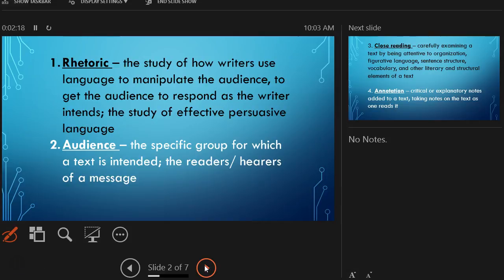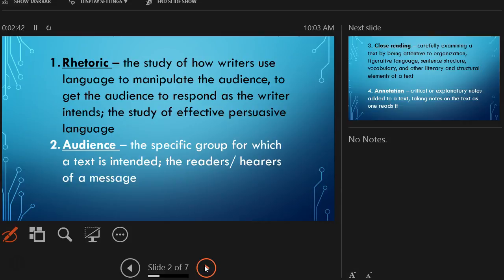And in order to understand rhetoric, you must also understand audience, our second word. The audience is the specific group for which a text is intended, the readers or hearers of a message. And when we're studying nonfiction like we are this year, you will see that the audience is a little more specific than it is for fiction or poetry.